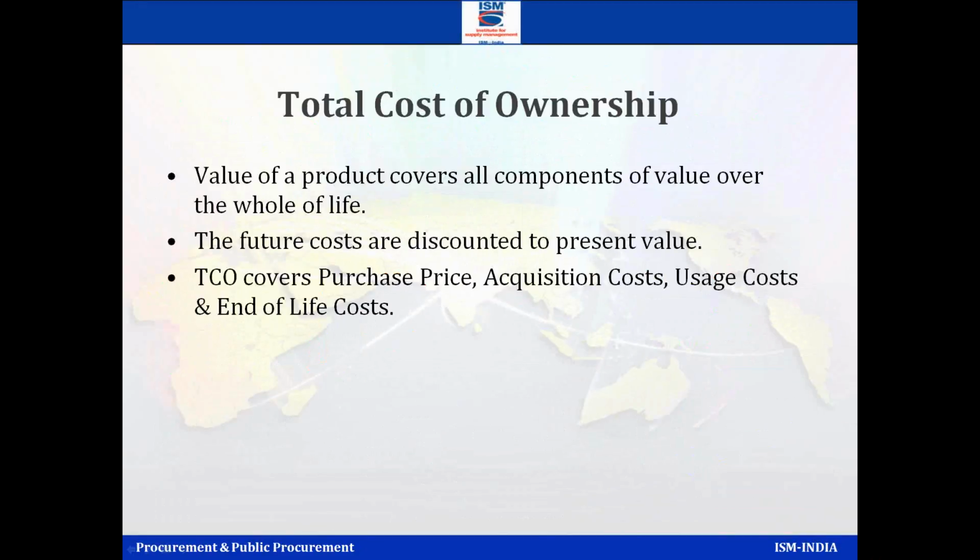Total cost of ownership. When I'm getting a product, let's say from China, from Vietnam, or from Tamil Nadu, one is coming from within the country. The price of the one from Tamil Nadu may be 5% more.